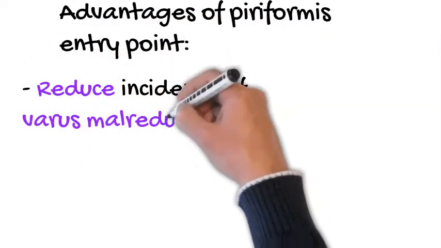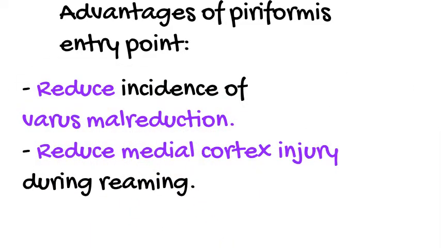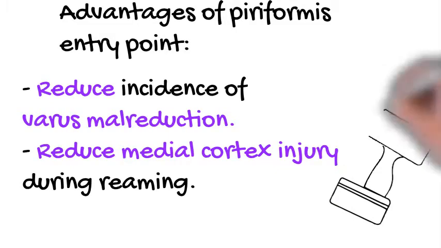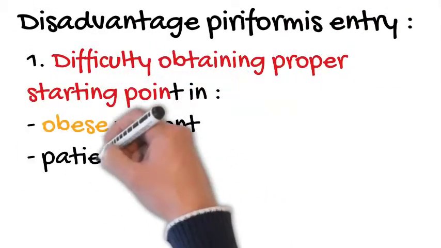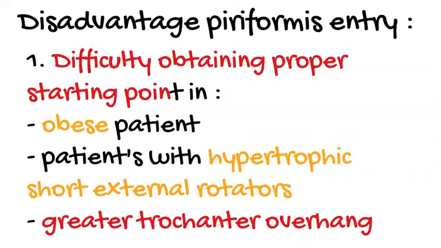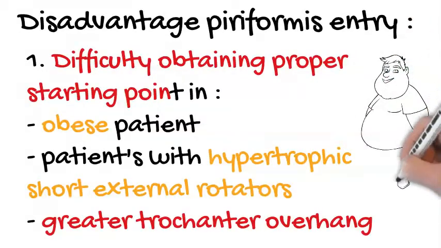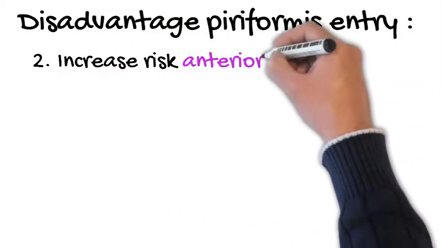Advantages of piriformis entry point: it reduces the incidence of varus malreduction. It reduces the medial cortex injury during reaming. The disadvantages of piriformis entry point are: 1. Difficult obtaining proper starting point in obese patient, in patient with hypertrophic short external rotators, in patient who has a greater trochanter overhang. 2.